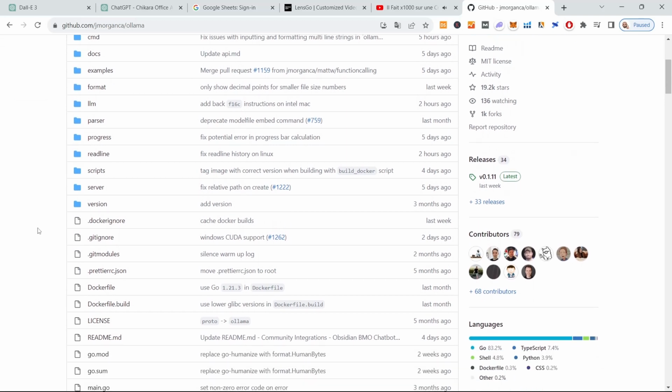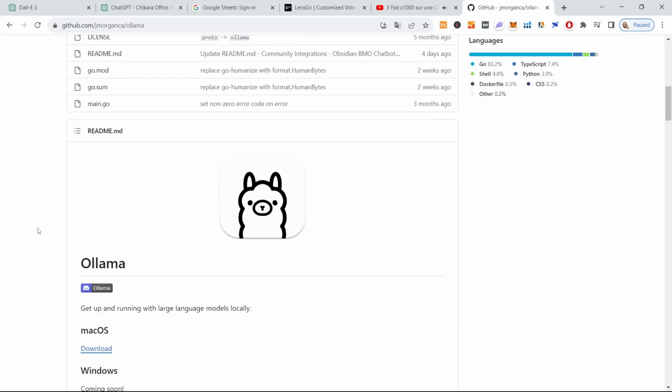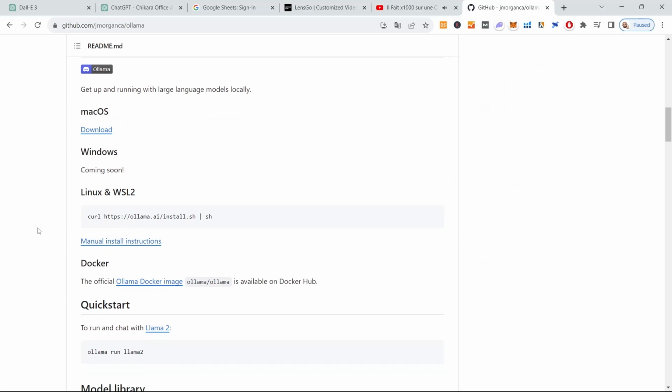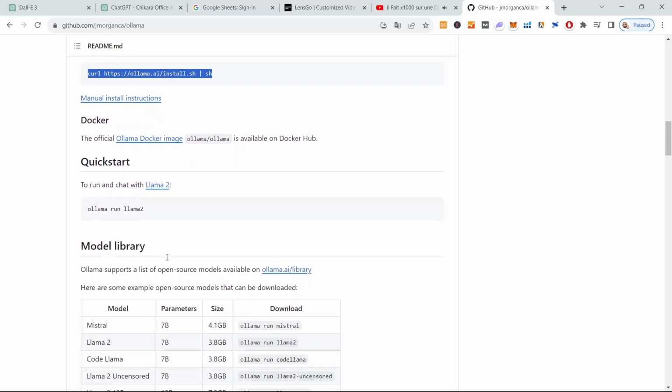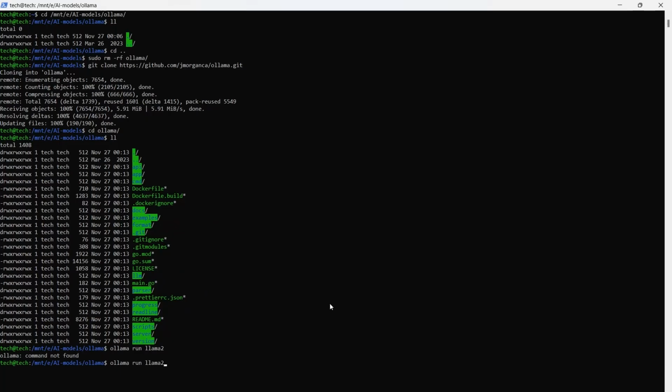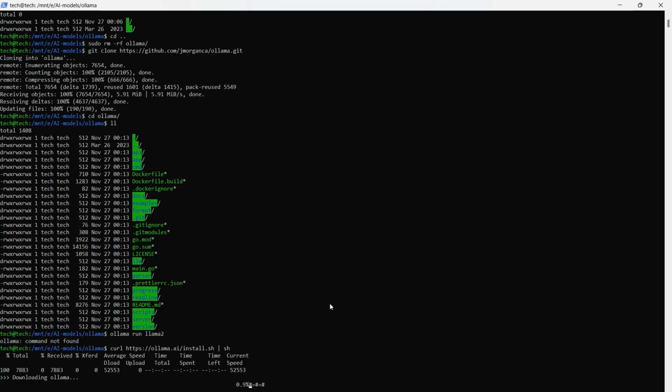Now we can maybe explore how to install it, this command. So, WSL2 Linux, and ollama run. Ollama run Llama 2 didn't work because I didn't install it.